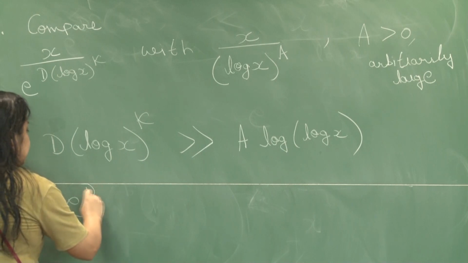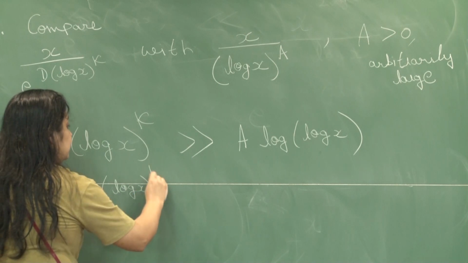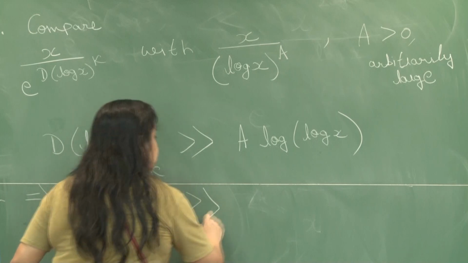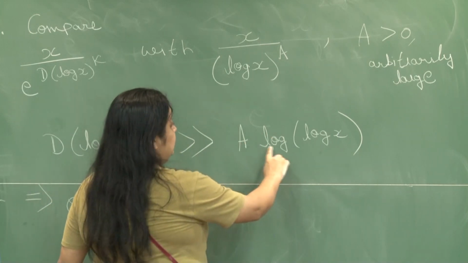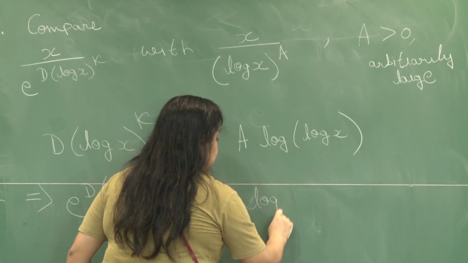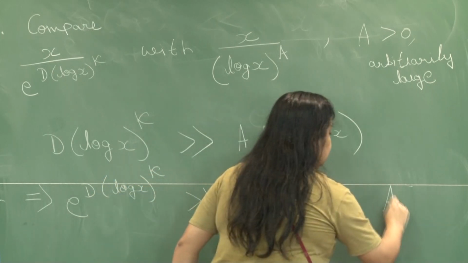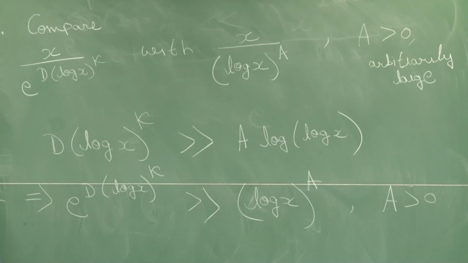e raised to the d of log x raised to the kappa is bigger than what do you have? So, here this is log of log x raised to the a. So, this is bigger than log x raised to the a for any a, positive, arbitrarily large, right.